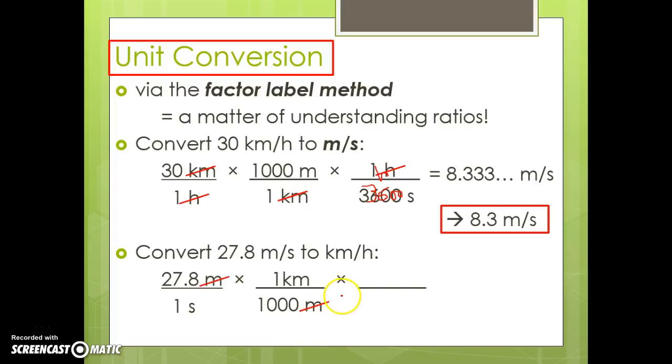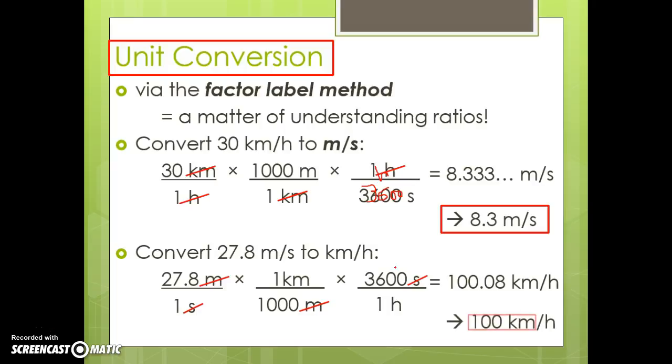So we would put 1 second down, and 3,600 seconds up here is in 1 hour. Seconds cancel out. So 27.8 times 1,000 times 3,600 gets you 100.08 kilometers per hour. Sig digs gets you 100 kilometers per hour.